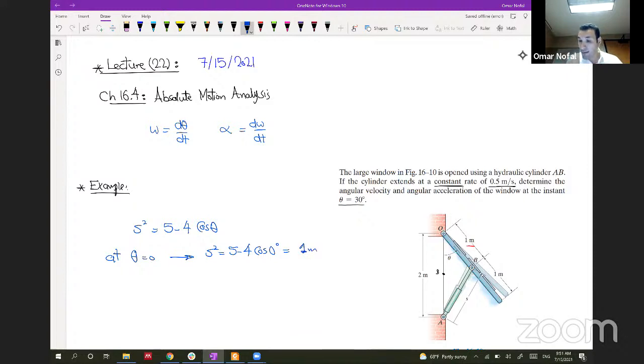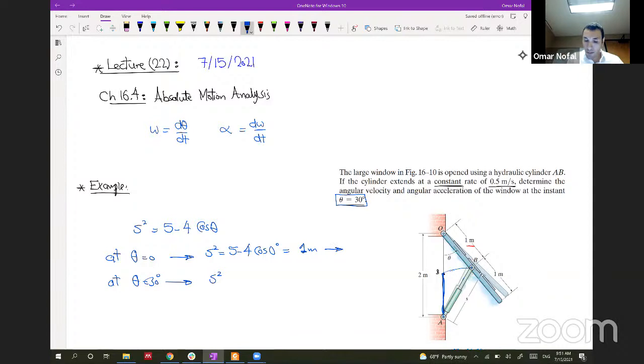So actually, yes, when we are here, s will be equal to 1 meter. And because we are talking about this as the length of this arm, the arm will be coming back to this point, and at theta equal 30 degrees, which is the one given here, it will be equal s squared.